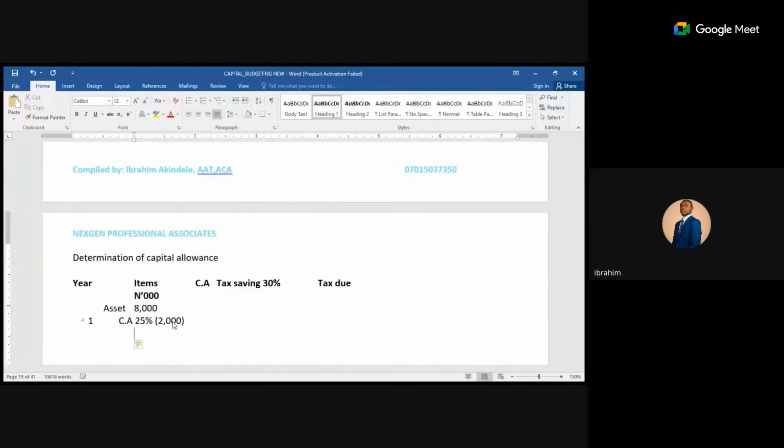This will be year one. So you have 6,000 as a tax written down value in year one.